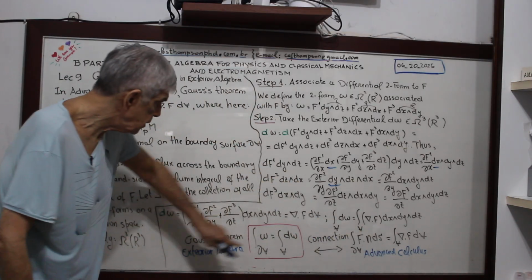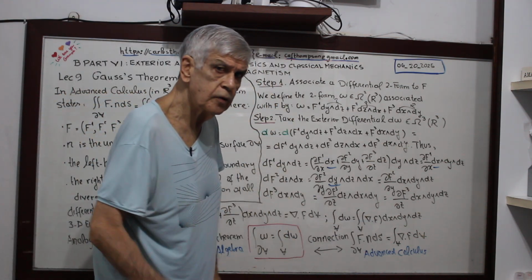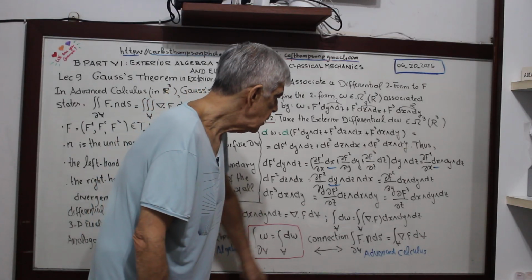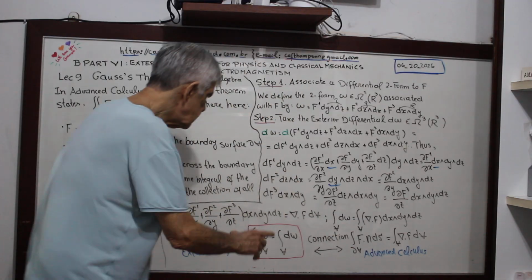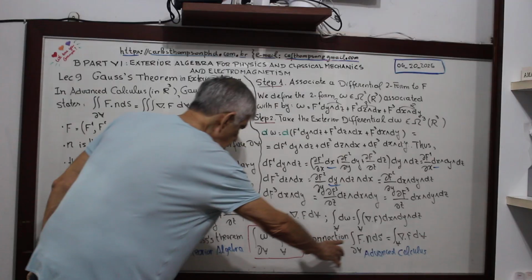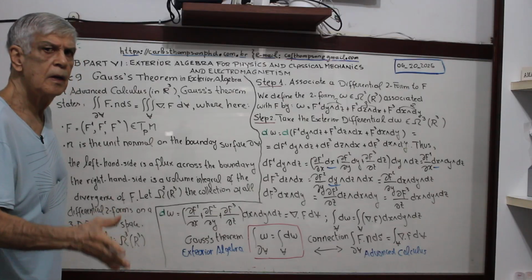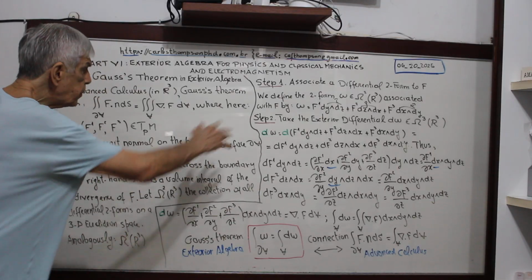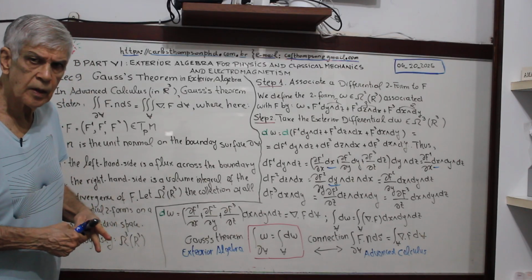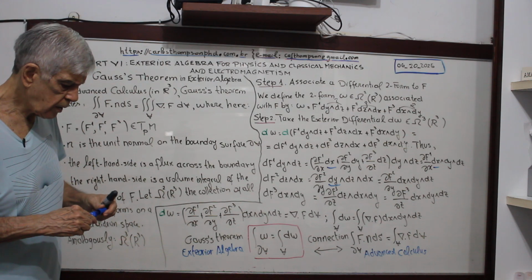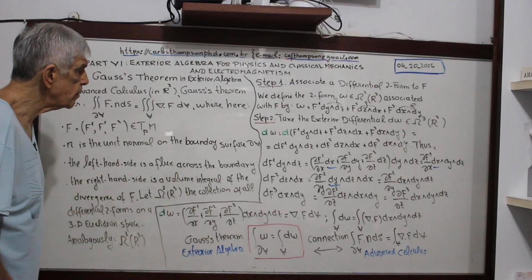Compare the blue one and the blue one: this is the Gauss theorem derived using advanced calculus. So this is a connection between advanced calculus and exterior algebra. Again, take a piece of paper, copy, and try to understand what I did. It's straightforward, no problem, no complication, no confusion. That's clear.